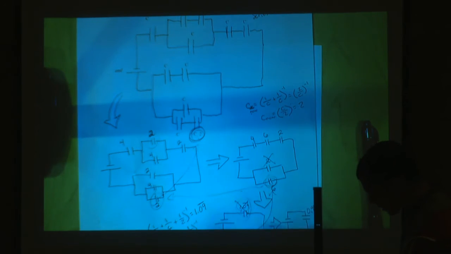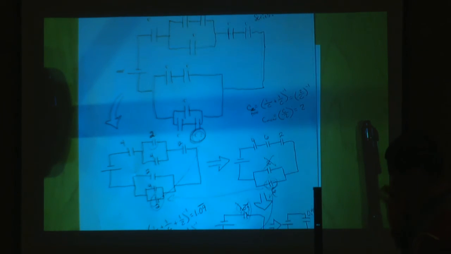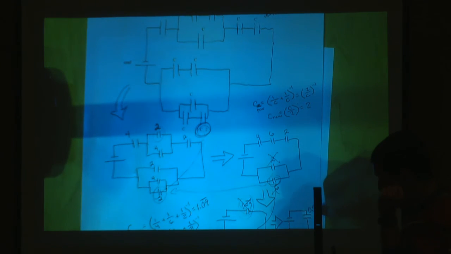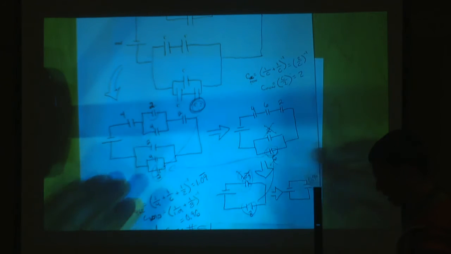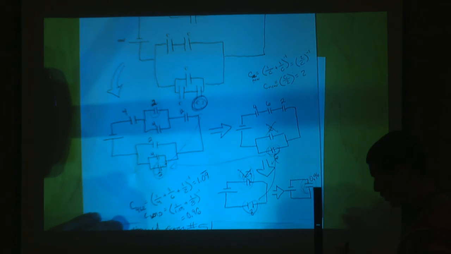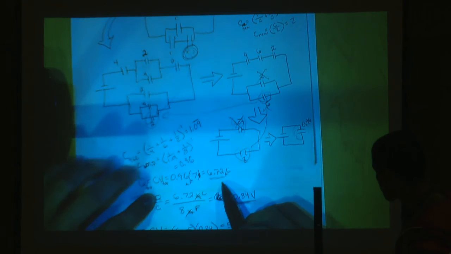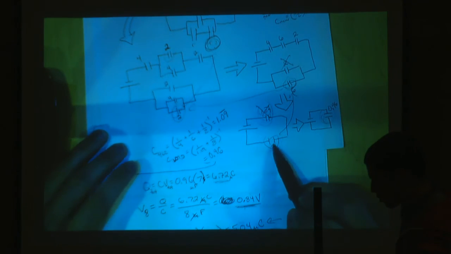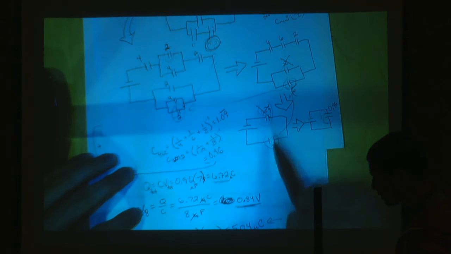We simplified this to this, and we simplified this to this, just being cautious of our inverse rule, right? And then we went back. So that's where things got a little tricky. We found our charge total on our equivalent capacitor to be 6.72 microcoulombs. Then we broke it up into 8 and our 1.091.